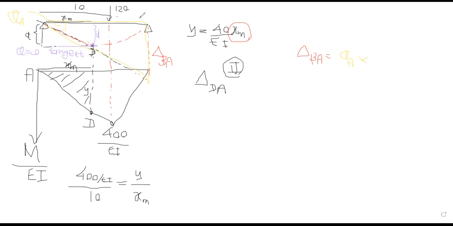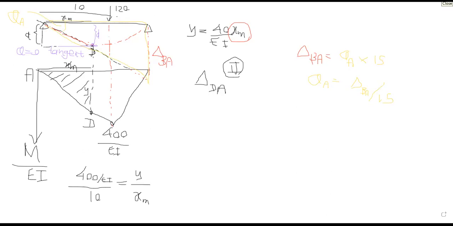This is 5, the length is 10, so it's into 15. So theta A is delta A over 15, right?